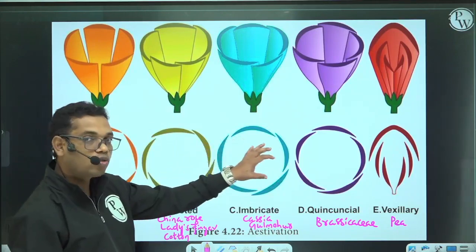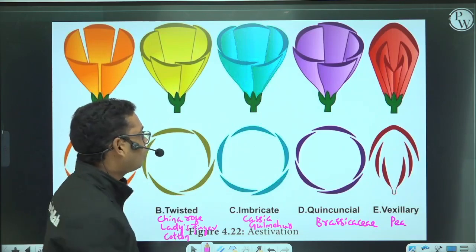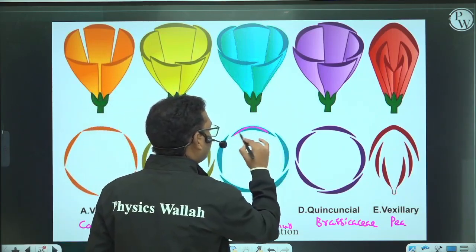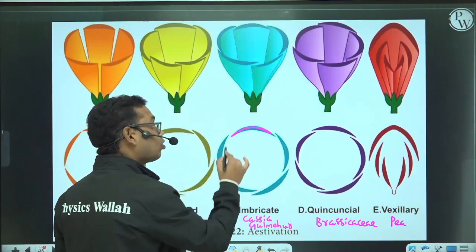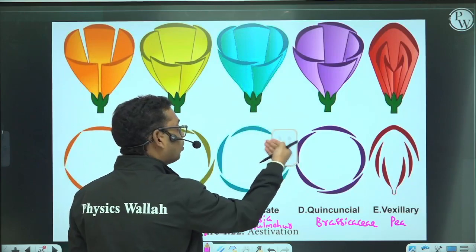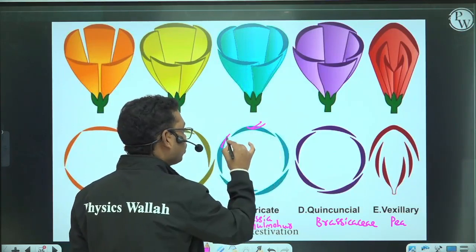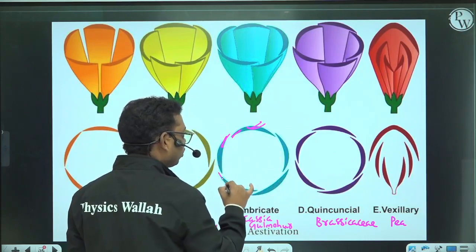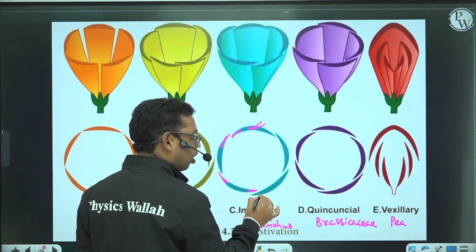Here also the margins are overlapping each other, but there is some difference. This structure is completely inner and is not overlapping any other structure, but it is overlapped by this one and this one. This structure is not overlapping anyone, but this structure is overlapping this one, and this is overlapped by this one. This margin is overlapped by this one, and this margin is overlapped by this one.